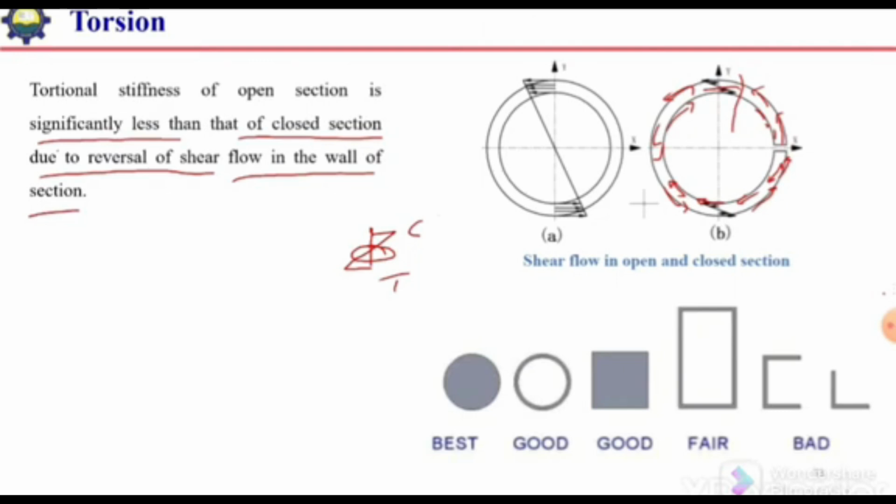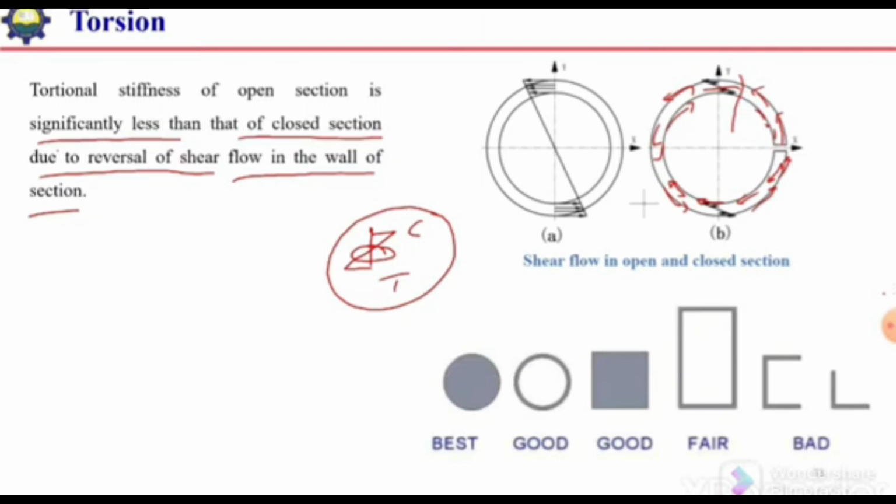Because of this distribution of stresses, the member will buckle locally, as well as there will be distortion in the section, and the full strength of the material will not be utilized. As a result, at just a small torque, the member can be twisted or sheared.